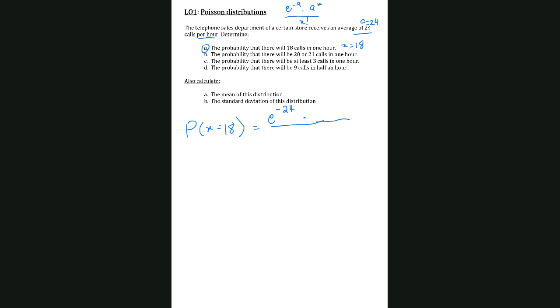That's multiplied by a, which is 24, to the power of x, which is 18 in this case, and then over 18 factorial. So this would give you 0.0412. And again, if they ask you to leave this as a decimal, you'd leave it as is. Alternatively, if they require it as a percentage, you'll multiply that by 100, which would give you 4.12%.